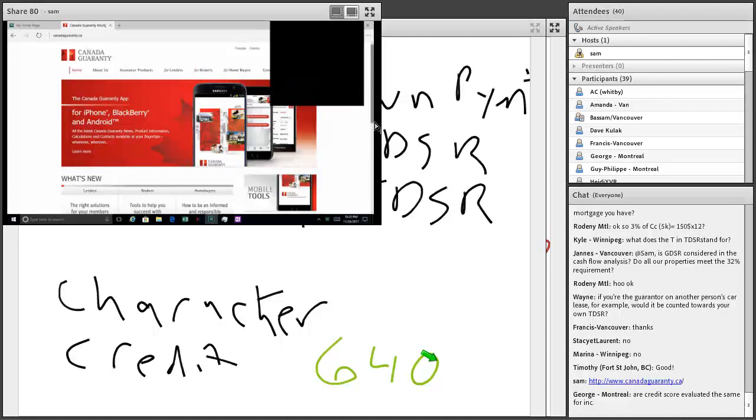We get a question here. Are credit scores evaluated the same for an Inc., for companies? Yeah. A company has to create its own history. The same things apply to a company, but that's something you establish over a couple of years.